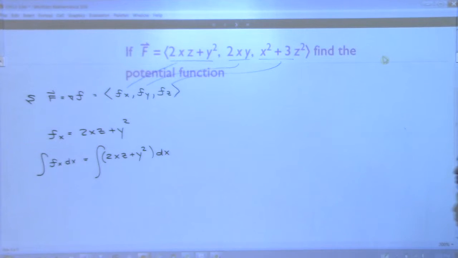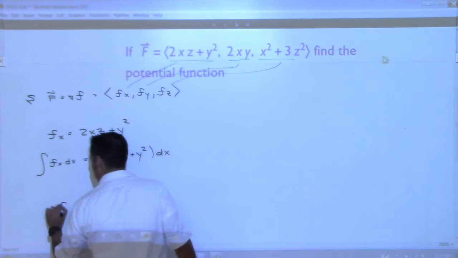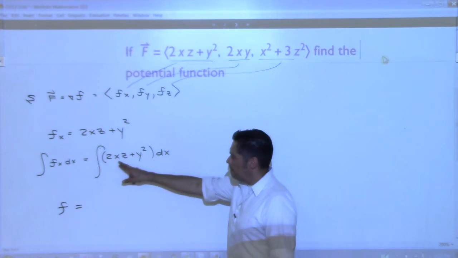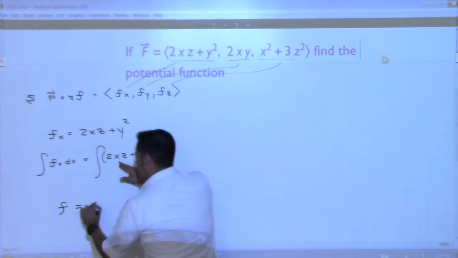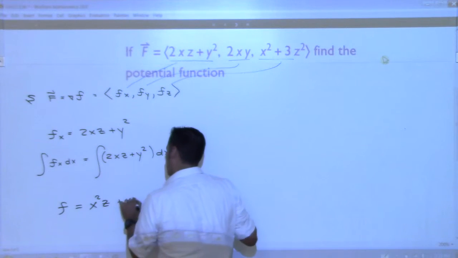All right, the left side is what? Just the left. And the right side is x squared z plus xy squared.